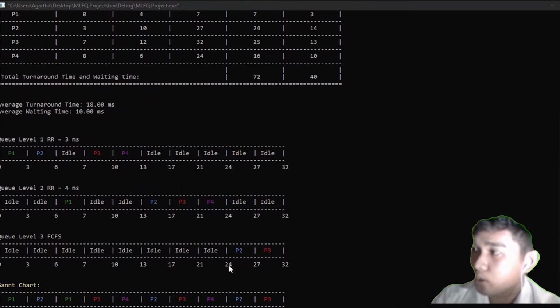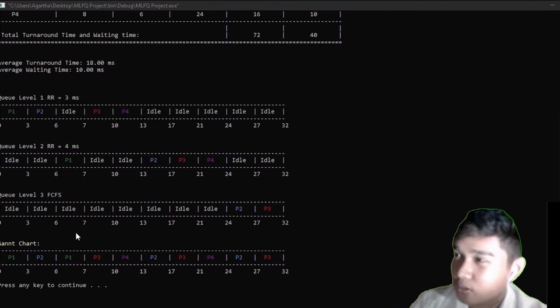At time 24, it ended at time 27. Since P2 completes its burst time, at time 27, P3 was executed. P3 has a remaining 5 milliseconds burst time, so it ended at time 32.